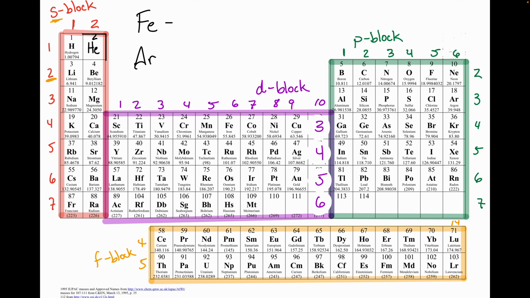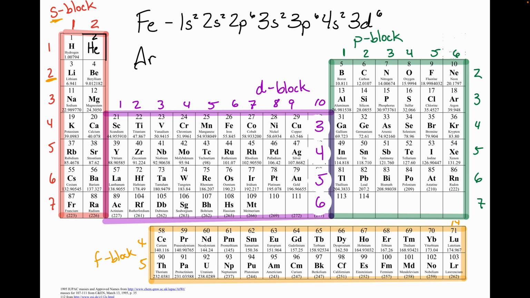All right, so you can think about it either as starting here and then going backwards, or starting at 1 and marching your way through the periodic table until you get all the way to iron. Regardless, we'd have 1s2, 2s2, 2p6, 3s2, 3p6, 4s2, 3d6.